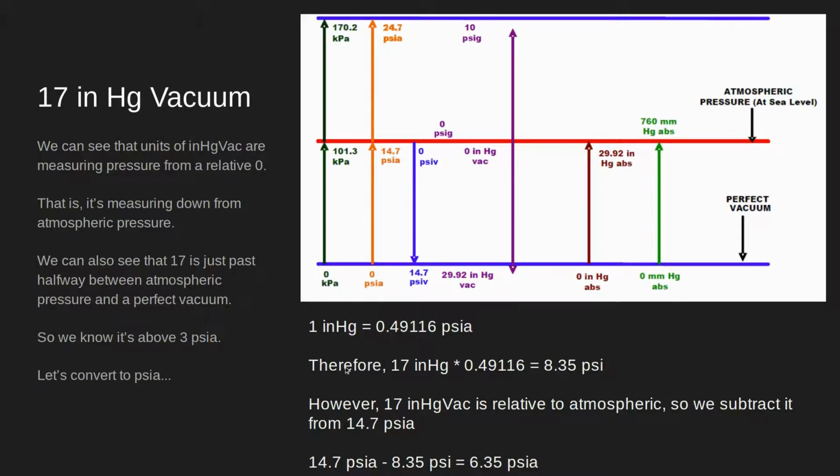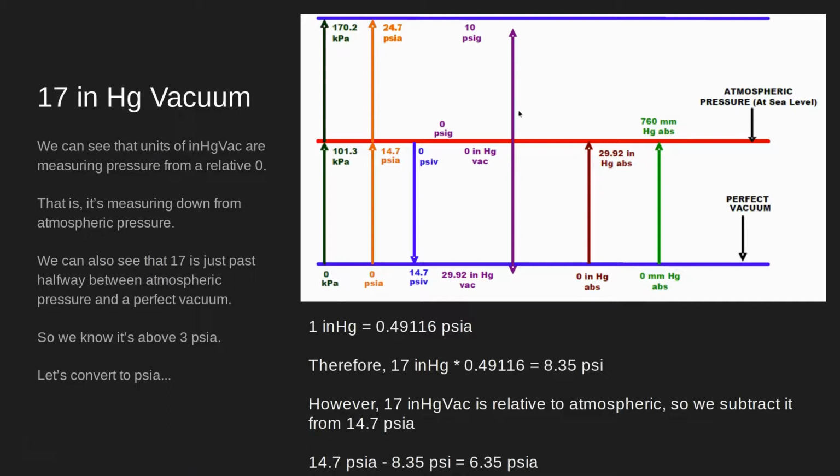So 17 inches of mercury, our conversion for inches of mercury to psia is 0.49116. I think this is where anybody that missed this stopped, right? You just did the conversion, ended with 8.35, and then we're confused why it was wrong. Well, 17 inches of mercury times 0.49116 is only converting this value into a psi value.